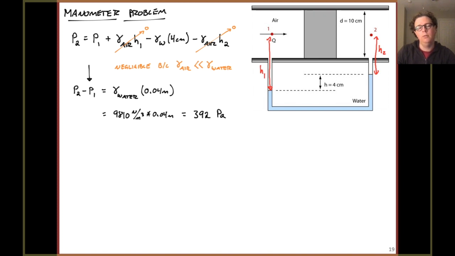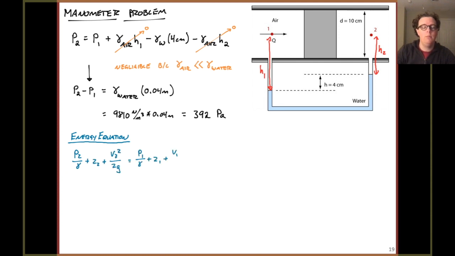And we know why that pressure drop is happening. It's occurring because we put in the filter. There's a loss of energy moving through the filter. It's removing energy in the form of pressure head, and so we get a reduction in pressure. So now we can pursue the energy equation part of this problem.